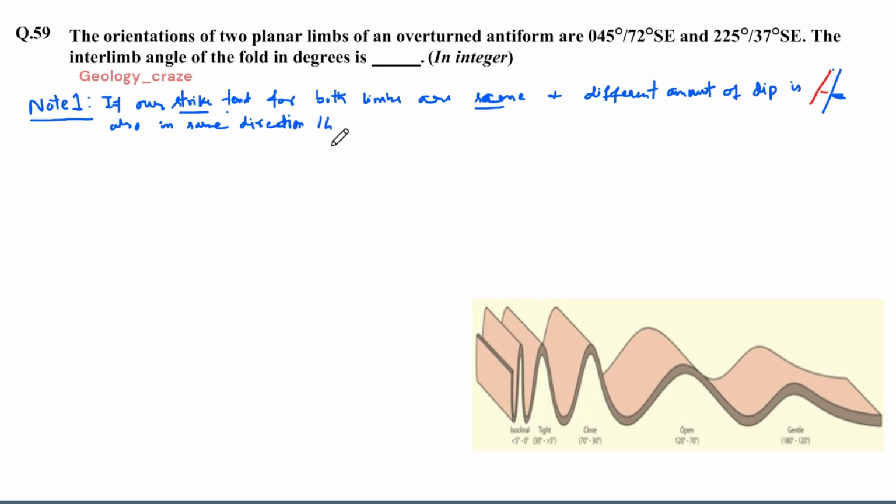Then the interlimb angle of fold, how we will calculate: we will just subtract the two limbs' dip.